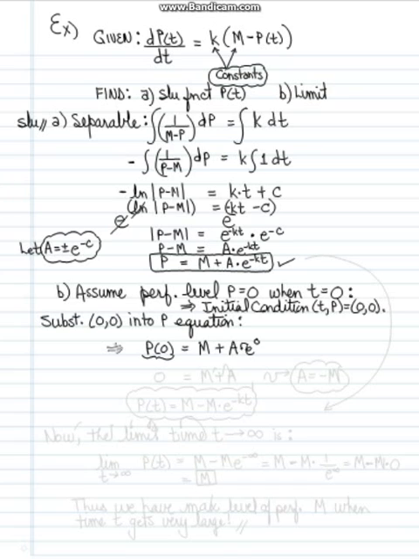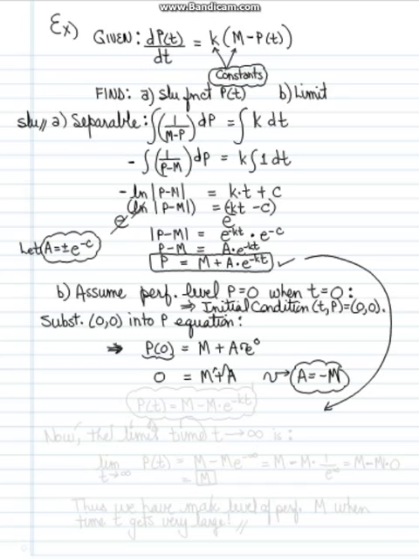But of course P of 0, that's the y-coordinate in the ordered pair, that's just equal to 0. So we've got 0 equals M plus A, because e to the 0 is 1. If you just move things around, that tells us that the constant A is equal to negative the constant M.